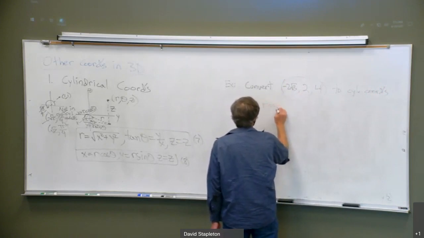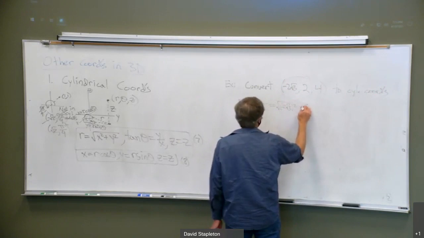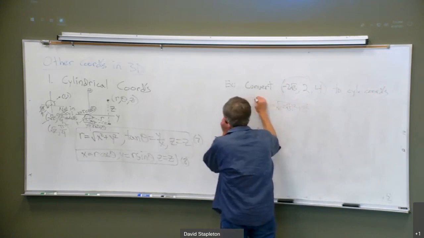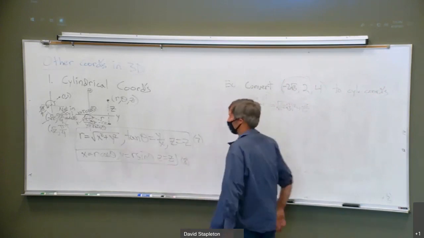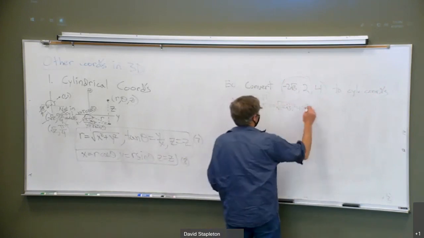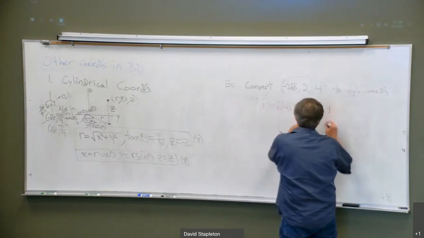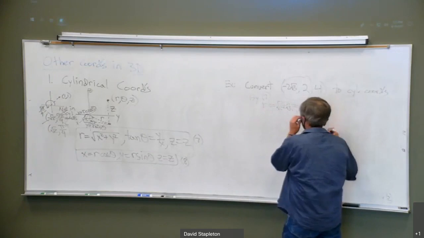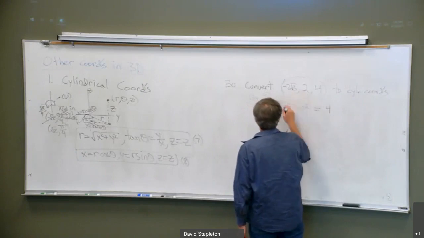We say r is just, by plugging in, the square root of x squared plus y squared, right? So this is the square root of 12 plus 4, the square root of 16 is 4. So you're exactly 4 units out in the xy plane. Tangent theta equals y over x, which is 2 over minus 2 square root 3.